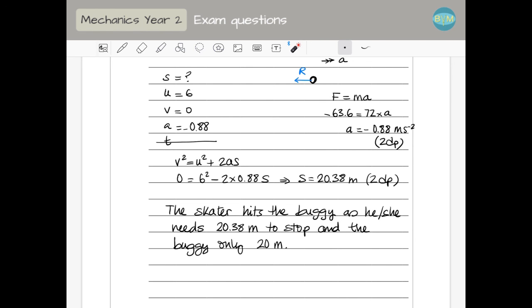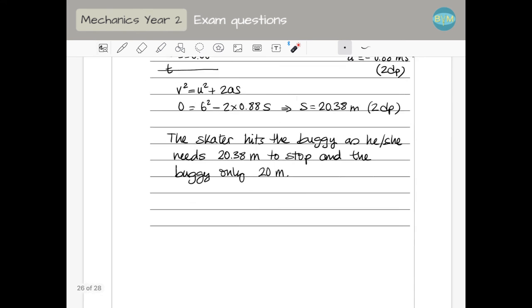Something like this. It's up to you how you explain it. You have to write a line saying that the skater hits the buggy.